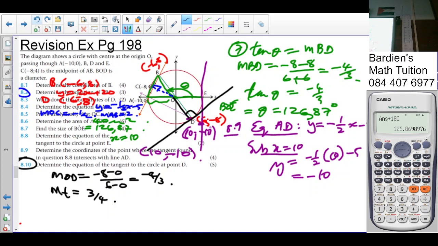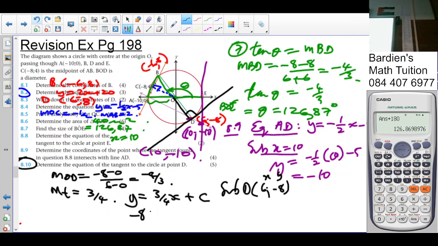My equation now reads y is equal to 3 over 4 x plus c. Now to calculate c, I can only substitute the point that's lying on this graph. And the point that we're going to substitute, of course, is D, which is 6 and negative 8. That's the x and the y.